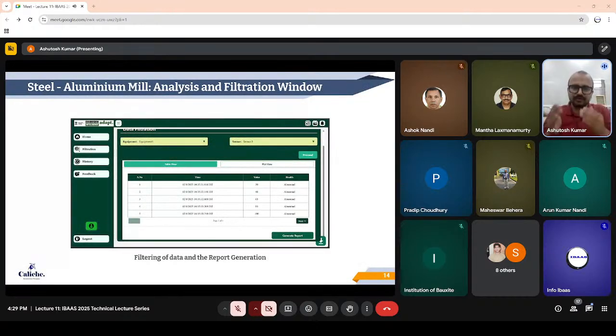Periodically, a plant-wide report is generated once in one shift, that is once in 8 hours. Should you want to download the report for your internal review, you can do it whenever you want.